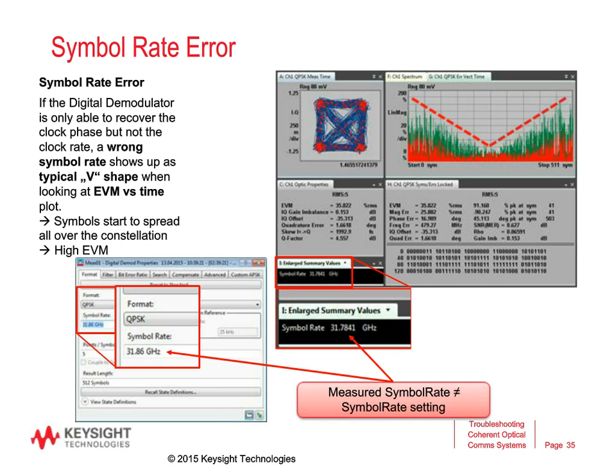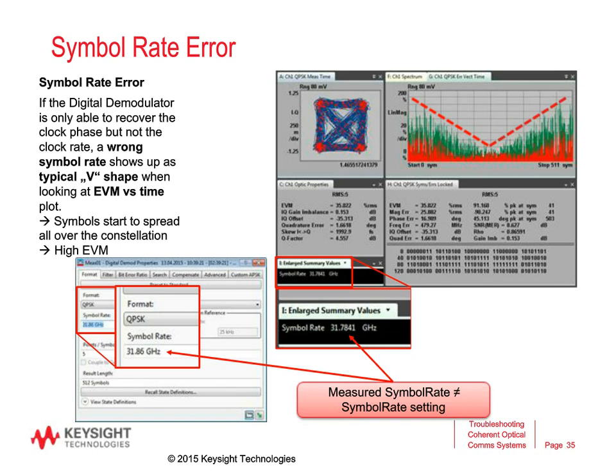That indicates that I'm not exactly matched in terms of the symbol rate on the transmitter versus the symbol rate that I set on my receiver. And if I plot the error vector over time, which I'm showing on the right-hand side here, you see a typical V shape in the diagram. That's an indication that something's wrong with the settings of your symbol rate.